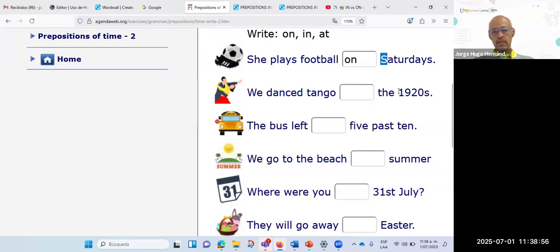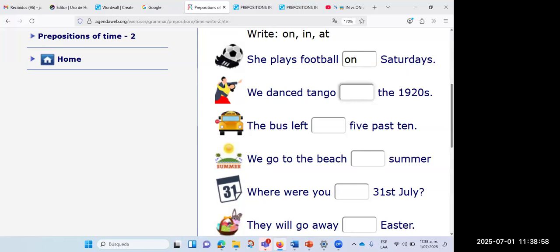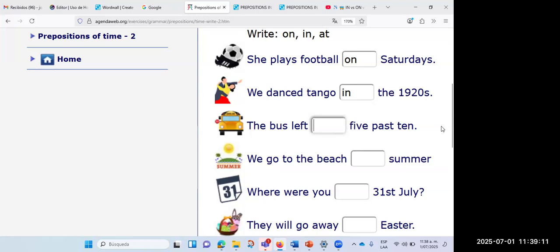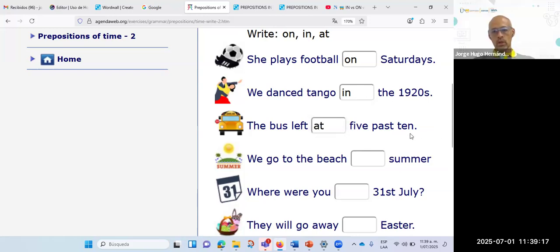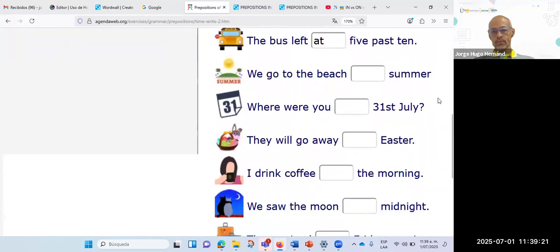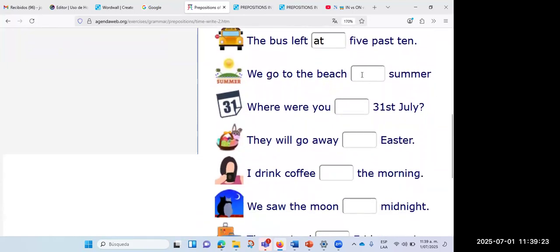Okay, next, Ingrid. We danced tango in the 1920s. This indicates 1920s, so in. Next, the bus. The bus left at 10:05. We go to the beach in summer.